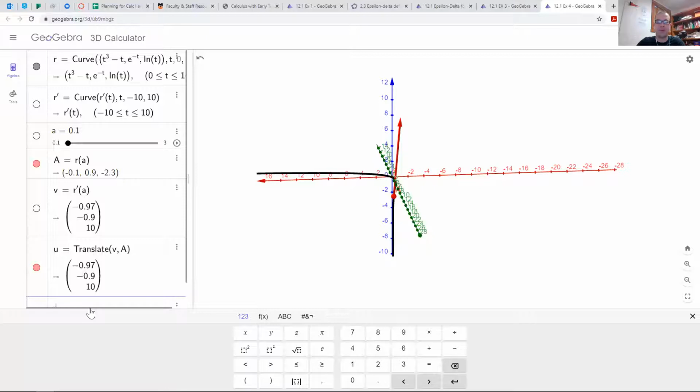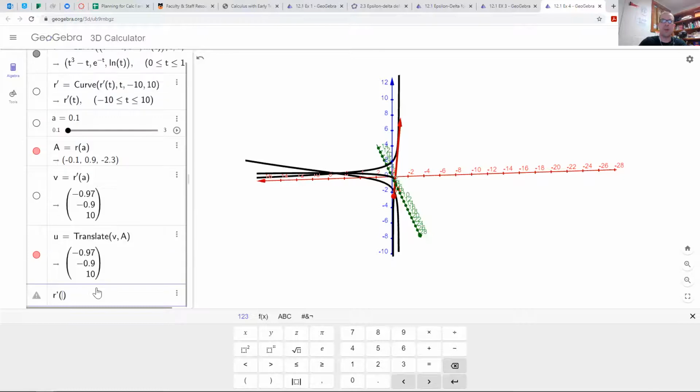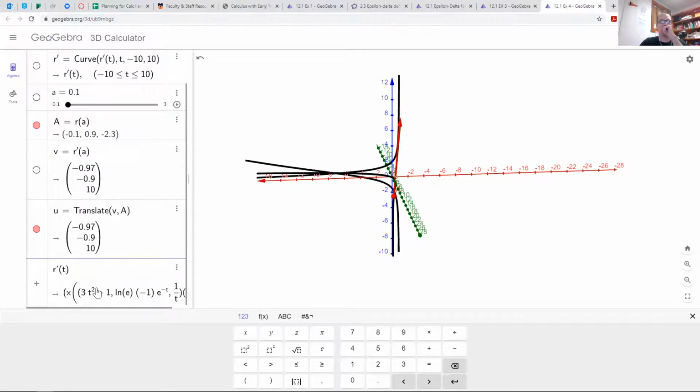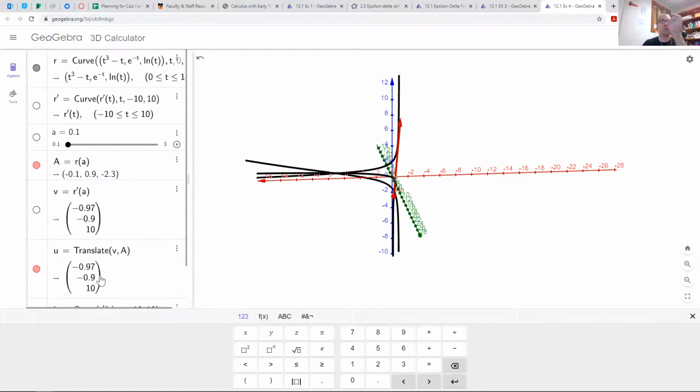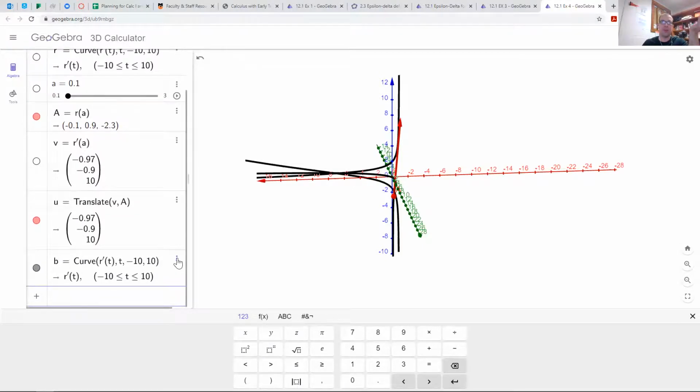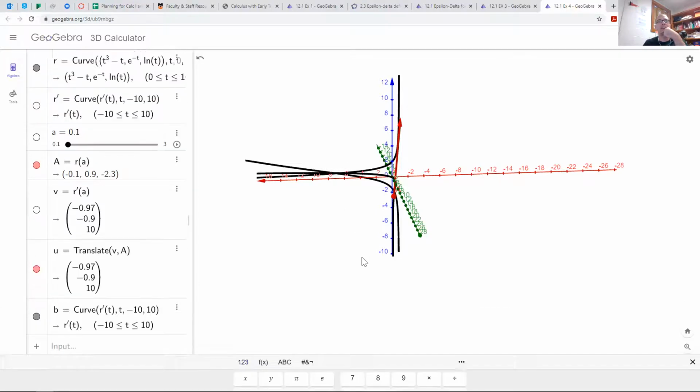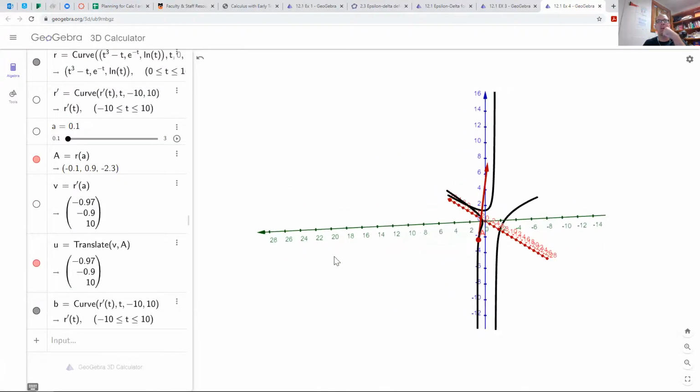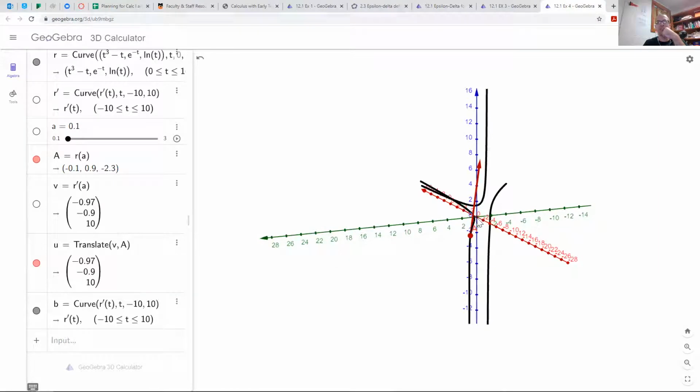Just start off with r prime. Can't even see what I'm typing. R prime, and you'd want to put of t just so that it knows that. But once you do that, you come up with a new curve, and that's actually the derivative curve. Know that this derivative curve is where, if a vector was stationed at the origin, the tip of the vector would go as the t values range from -10 to 10.